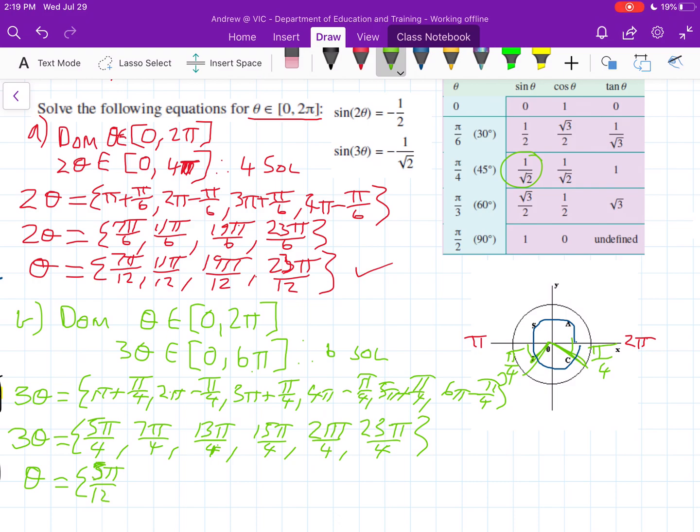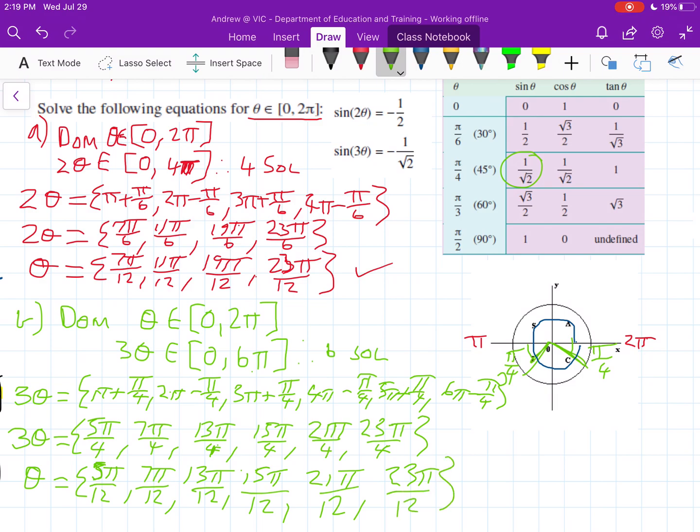Write your 5's a bit clearer than me. 7 pi on 12, 13 pi on 12, 15 pi, drew an extra leg there, 21 pi on 12 and lastly 3 pi on 12.